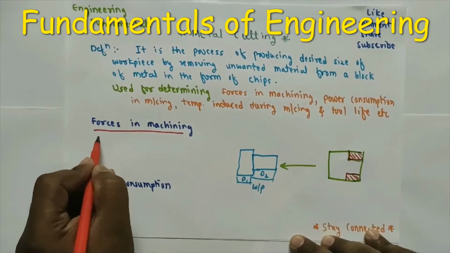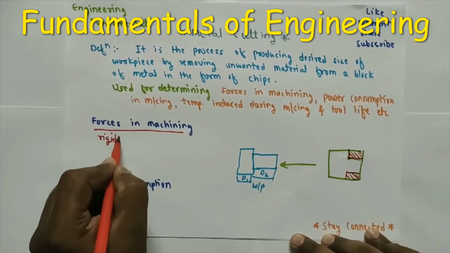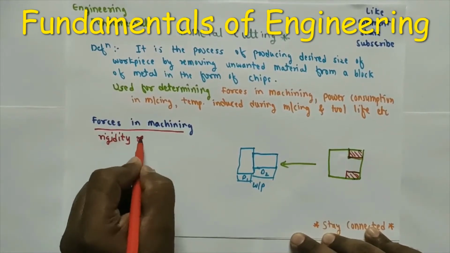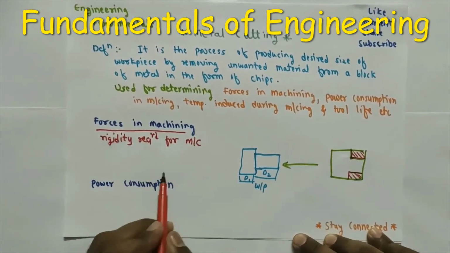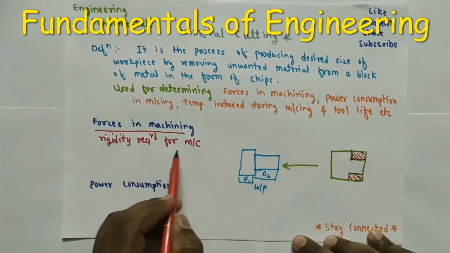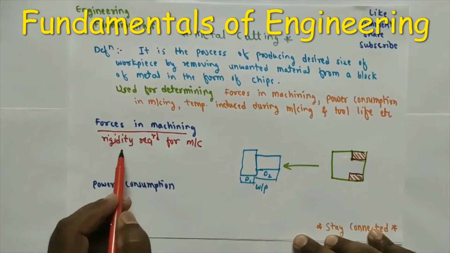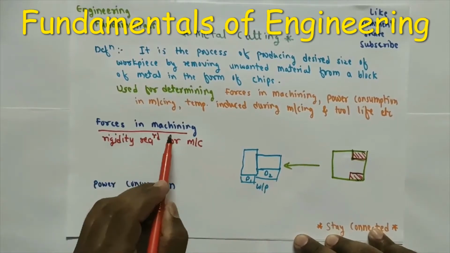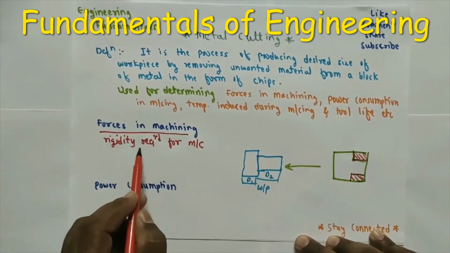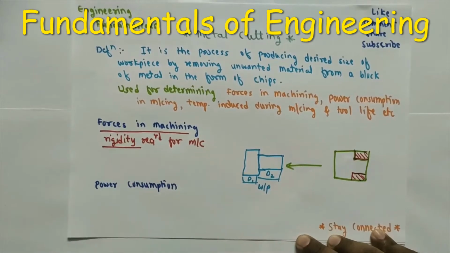finalize what the rigidity required for the machine will be. Whatever machine we are using, it should be vibration free. For that we should know how many forces are generated in the machining operation so that we can define the rigidity for the machine.